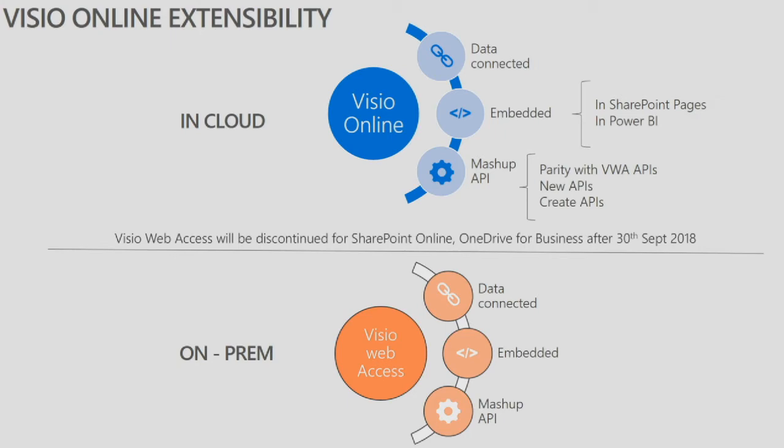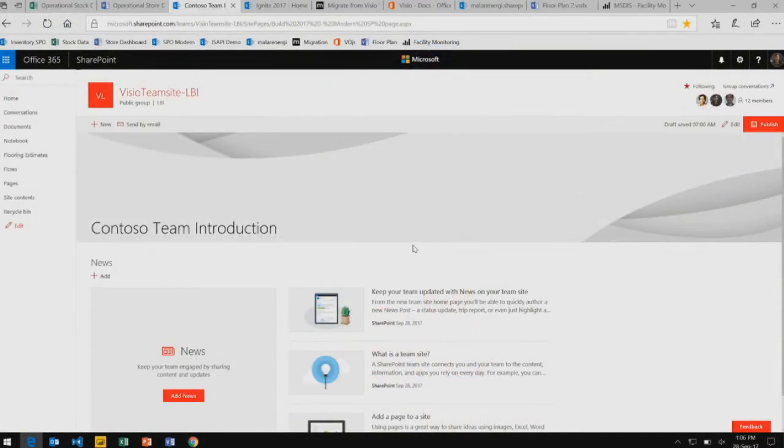So this is my modern web page, and let's say it's about the Contoso team introduction. We want to have this page where we tell everyone, hey, this is the org structure and things like that. And org structure can nicely be represented in Visio. So I'll just click on Edit.